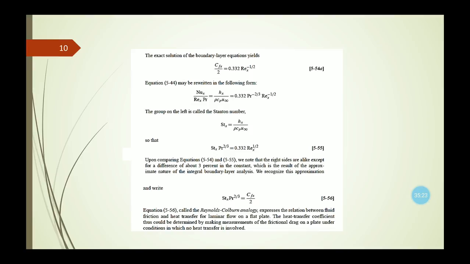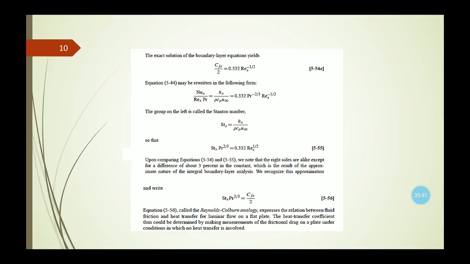So this equation can also be written as Stanton number into Prandtl number to the power 2/3 equals Cfx by 2, because the right hand side of equation 5.55 is actually Cfx by 2, which can be seen from equation 5.54a.